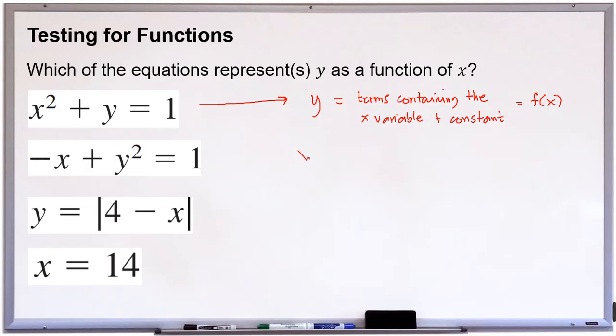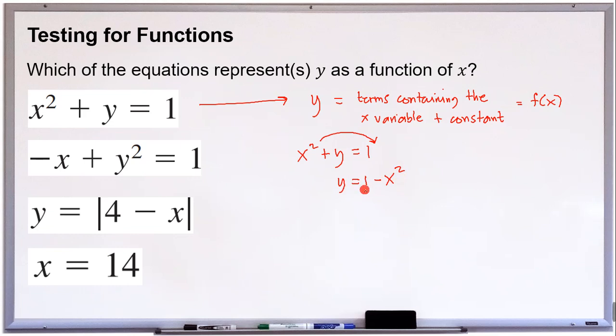We have x squared plus y is equal to 1. Since it is not yet expressed as y is equal to some function of x, we are going to modify this given equation. We can transpose x squared to the right side, so you have y is equal to 1 minus x squared.